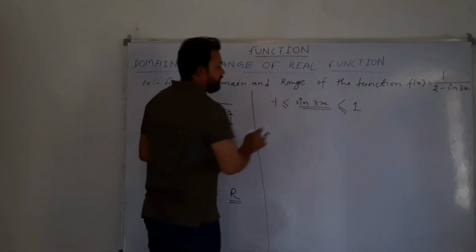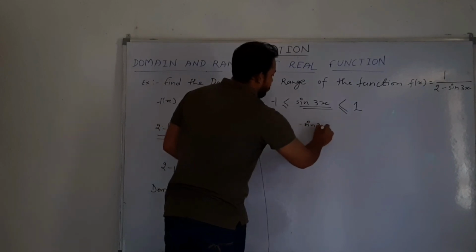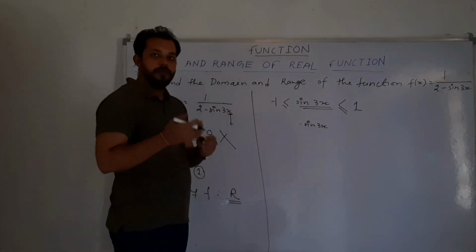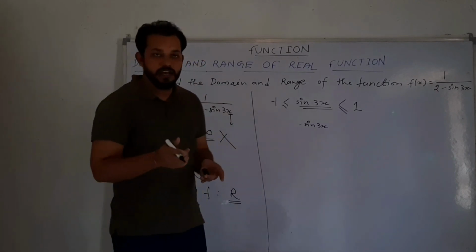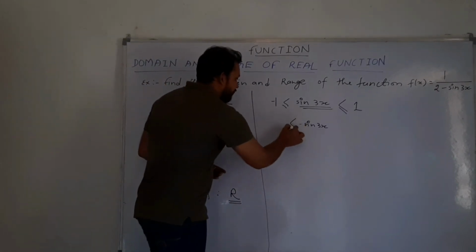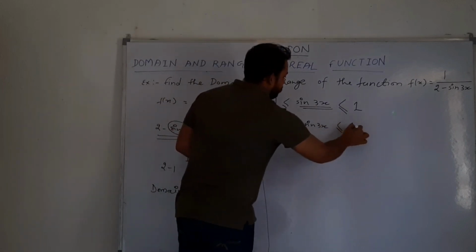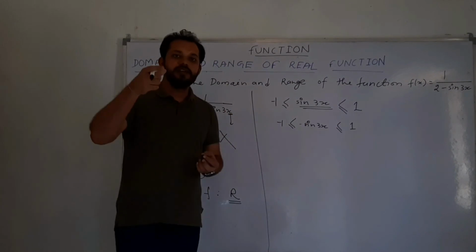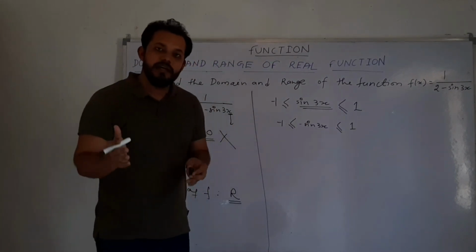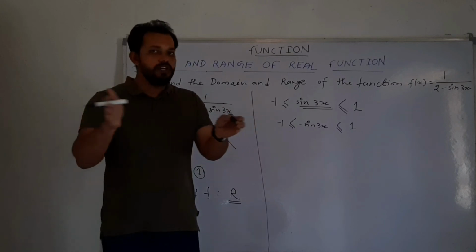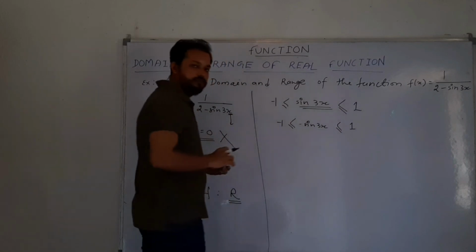So this expression will become minus sin 3x. Minus of sin 3x is again greater than minus 1 and less than plus 1. When we multiply sin 3x with a negative sign, its range of values will not change. It will lie between minus 1 to plus 1.